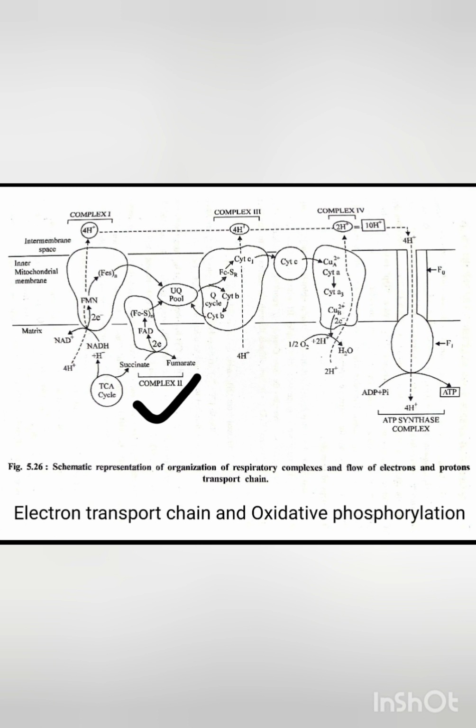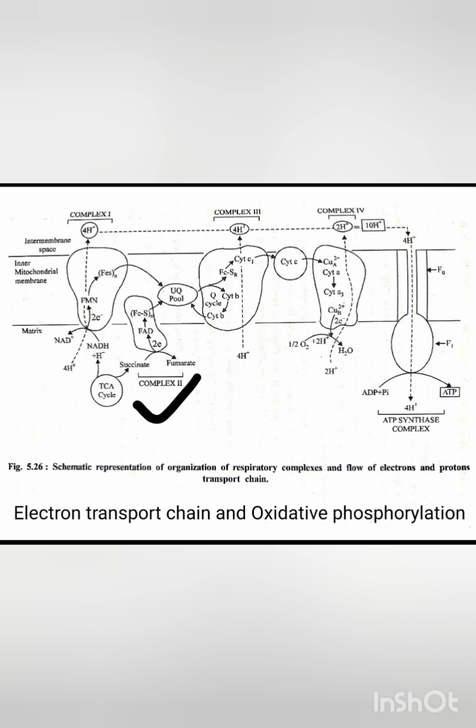Then it transfers 2 electrons to the FeS protein, and then it moves to CoQ, or ubiquinone, which is a mobile carrier. CoQ accepts the protons forming CoQH2 and then 2 electrons. Here also in this process, protons are transferred from the matrix to the intermembrane space.